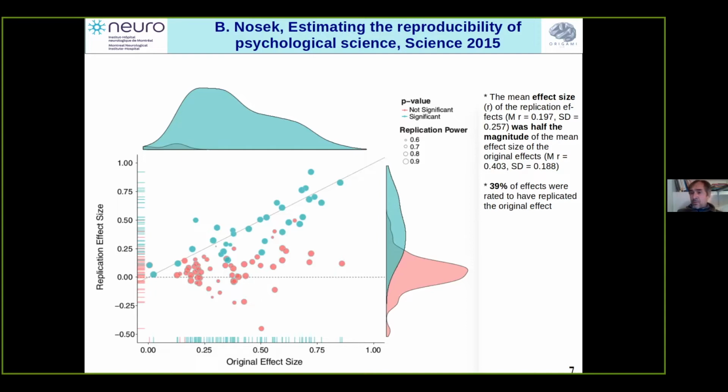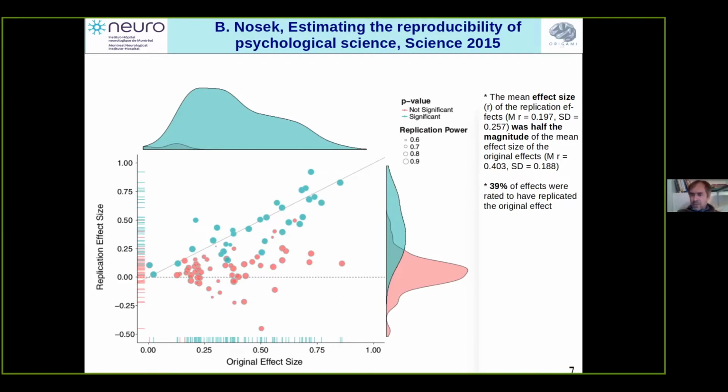What these authors did was take about 100 studies and give them to 100 labs or so, and those labs had to recruit new subjects, do the study, and then report the results.